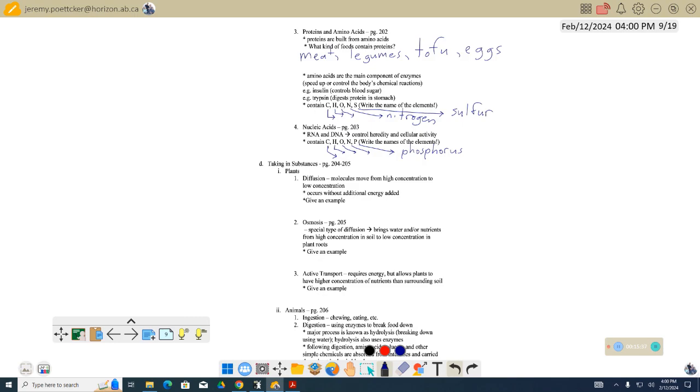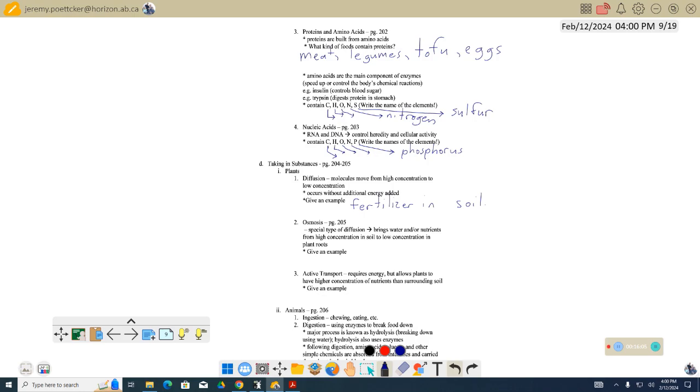With diffusion, we have molecules move from high concentration to low concentration. It occurs without additional energy needed. An example would be fertilizer in the soil. So we put fertilizer into the soil, and it's going to diffuse into the roots. We have high concentration in the soil, low concentration in the roots.